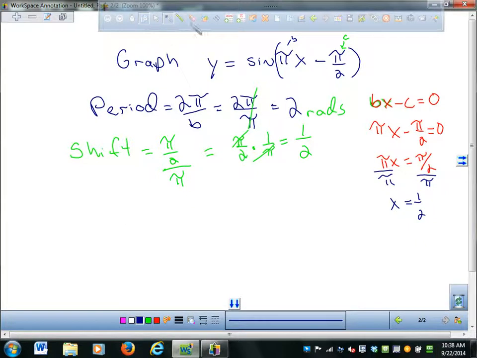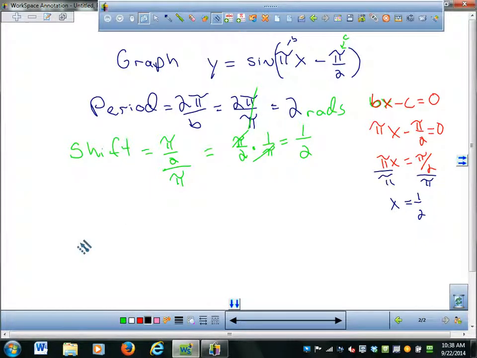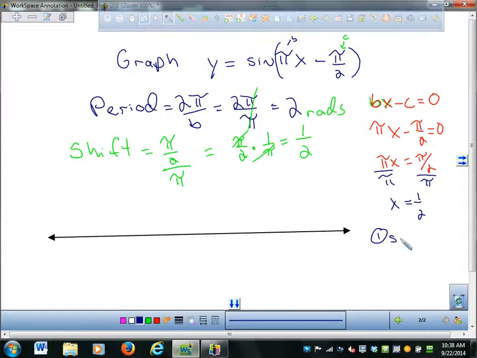So now all you have to do is graph this. And when you graph it, it's good to find 5 points. The 5 points you want to find are the start and end point, which is easy, the middle, and the 2 quarter points.